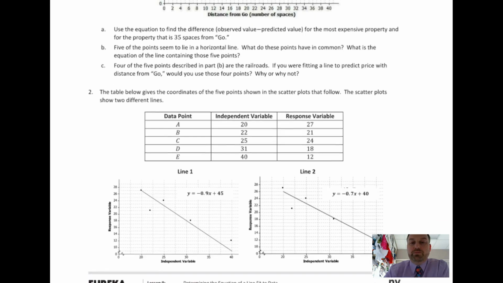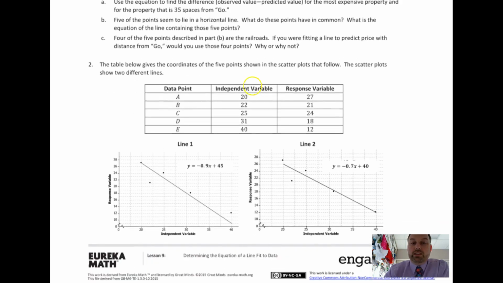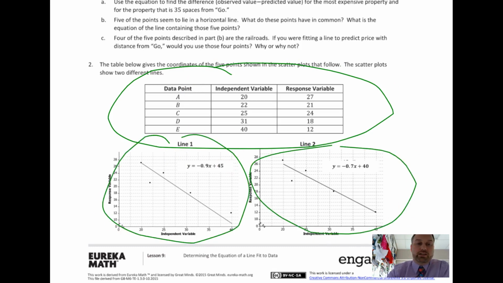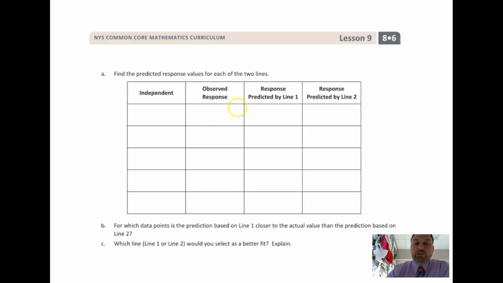Okay, number 2, you're taking this table and using it along with these 2 to fill in the next table right here. Okay, so put the independent values in this column, put the observed values in this column, use the line of best fit to fill in that.